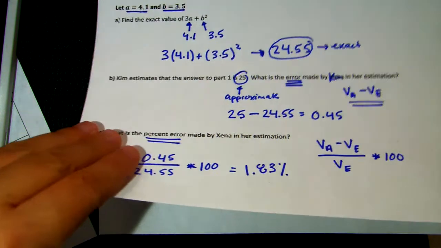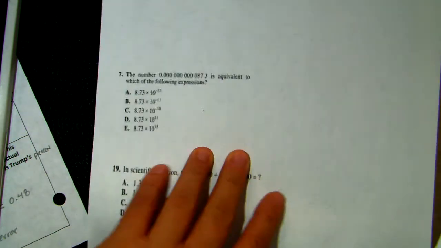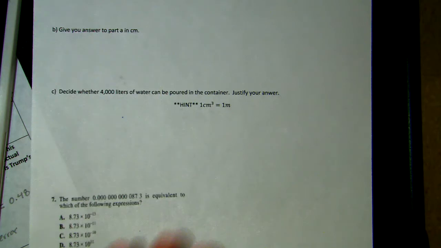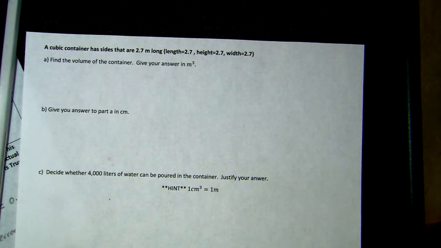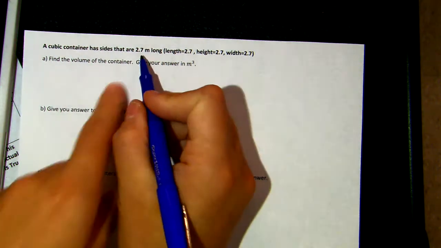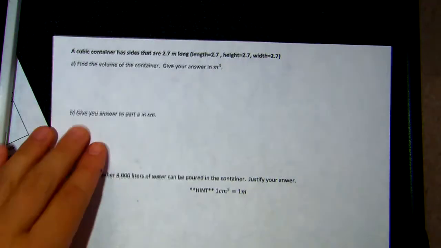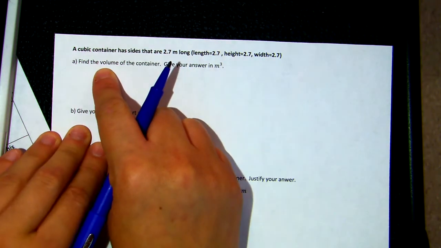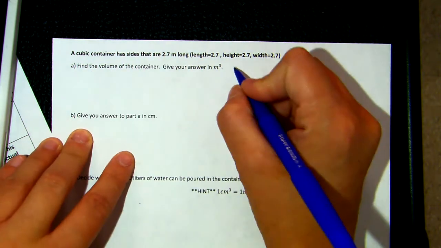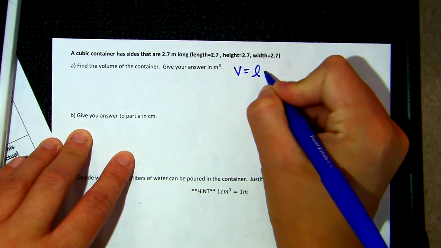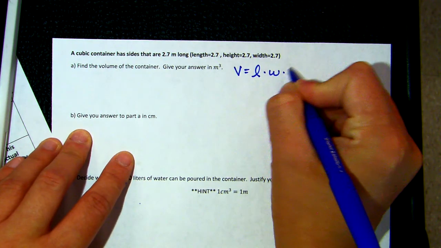Okay, one more of these style questions, 2 ACT questions, and then we are done. Okay, so on this one, it says a cubic container has sides that are 2.7 meters long. So that means the length, the height, and the width are all 2.7. Find the volume. Remember, volume is equal to length times width times height.